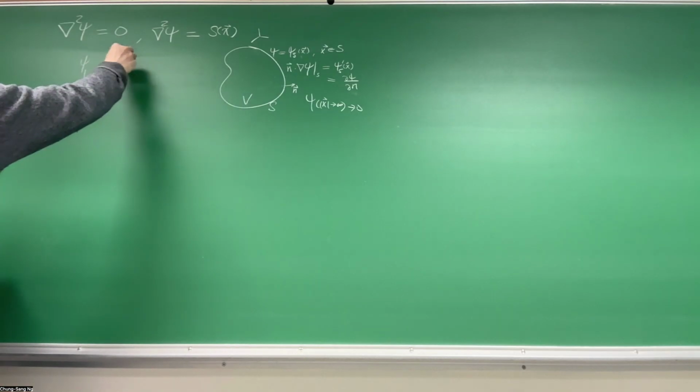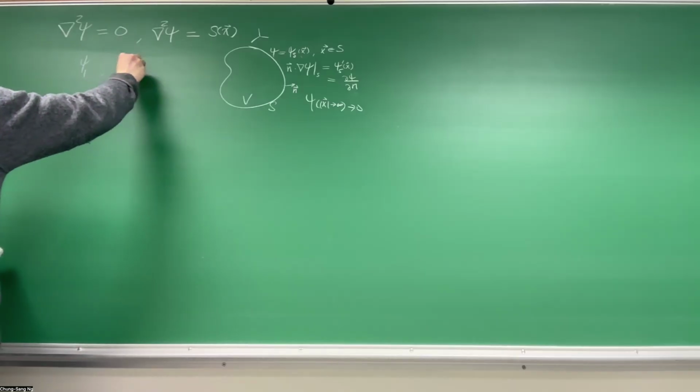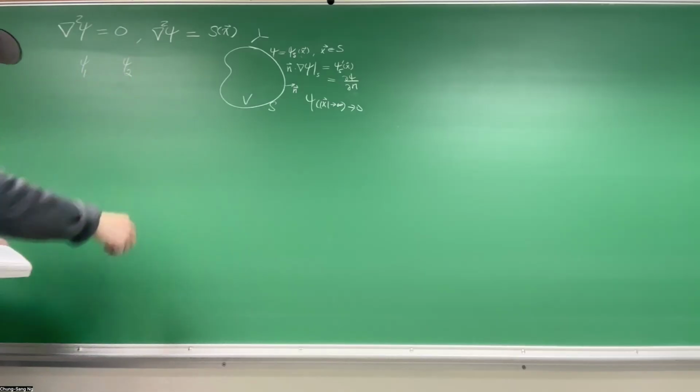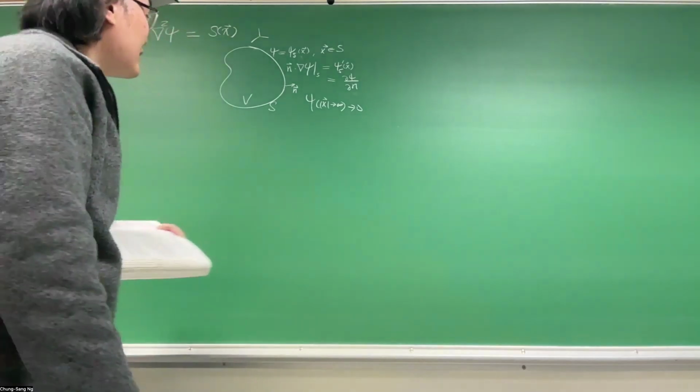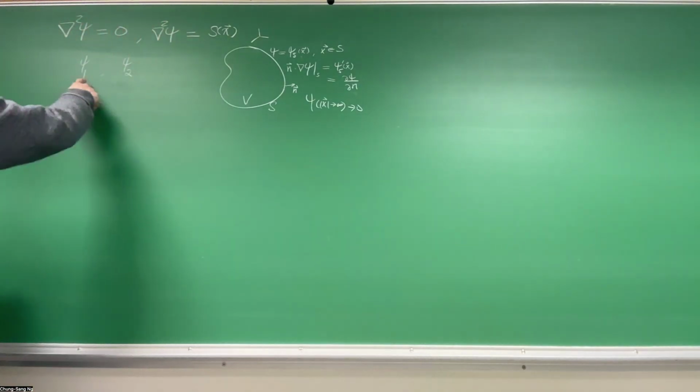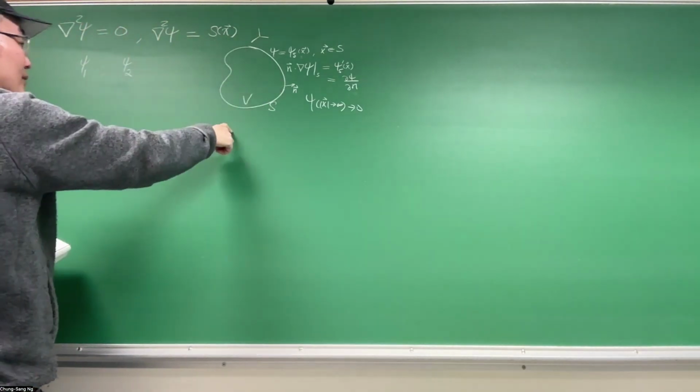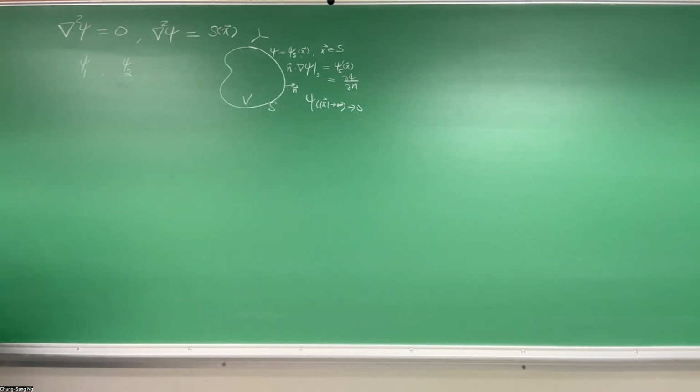But if you also find another solution, psi 2, different from psi 1, independent of psi 1, and satisfying the same boundary condition, then you can show that it's unique.